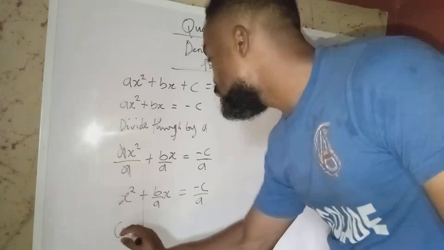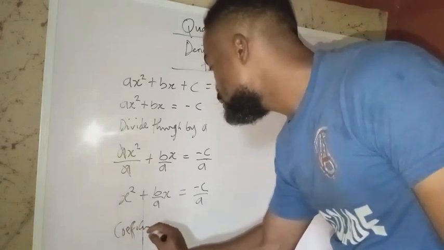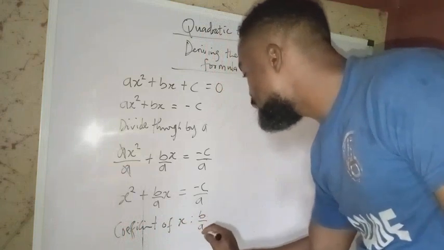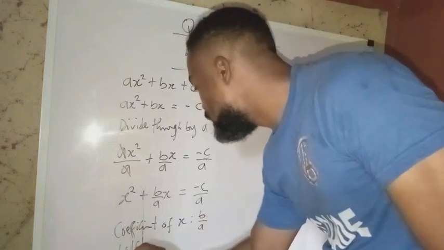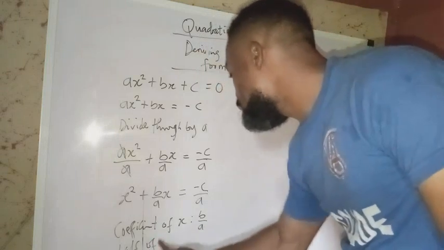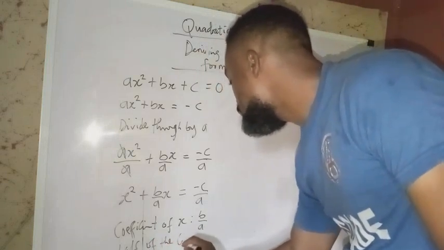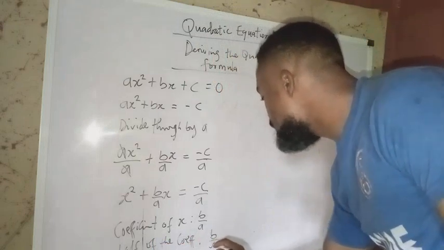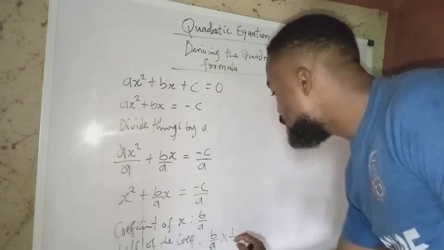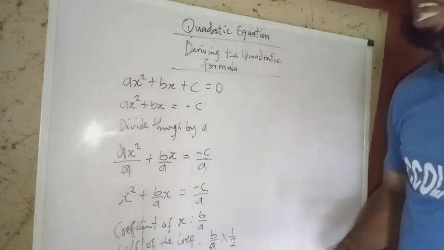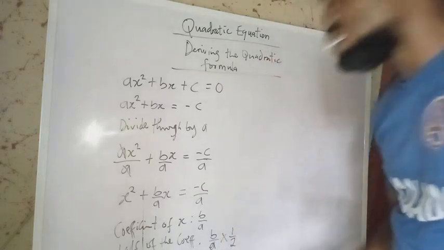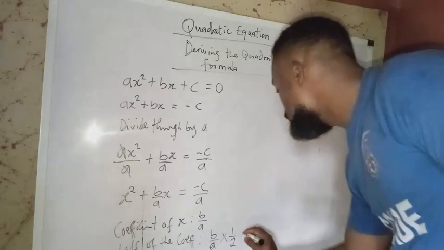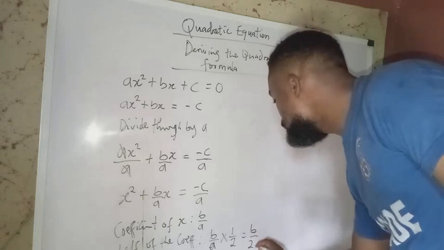So the coefficient of x is b over a. Half of the coefficient will be b over a times 1 over 2, because when you multiply something by 1 over 2, you actually reduce it by half. That gives us b over 2a.